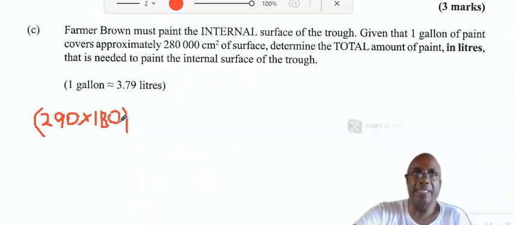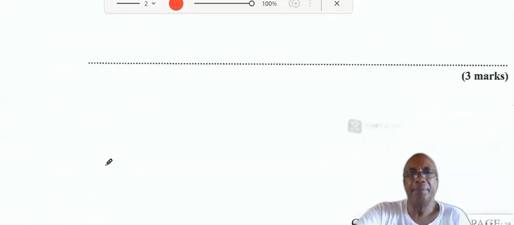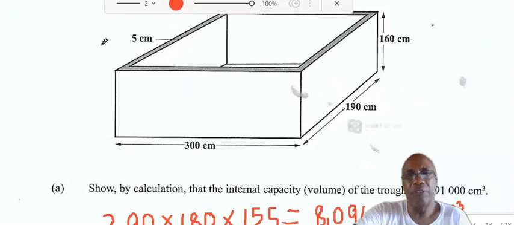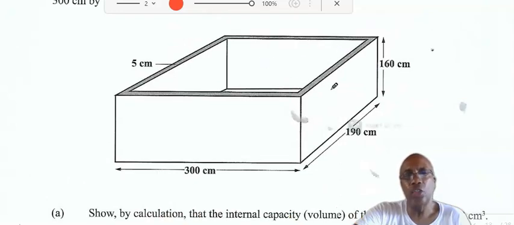So now let us get the area of one pair of equal sides. We go back to the diagram and let us now find the area of these two sides. They are the same area, so you find the area of one side and multiply by 2. Remember, you have a 5 centimeter thick piece of wood.